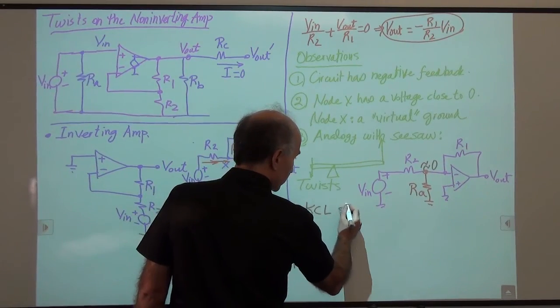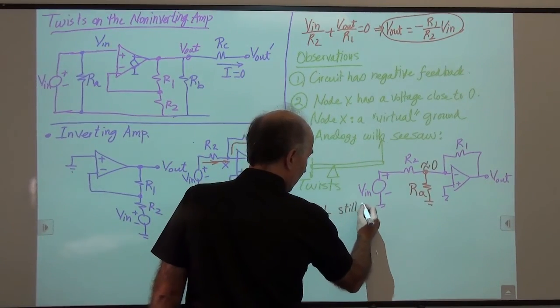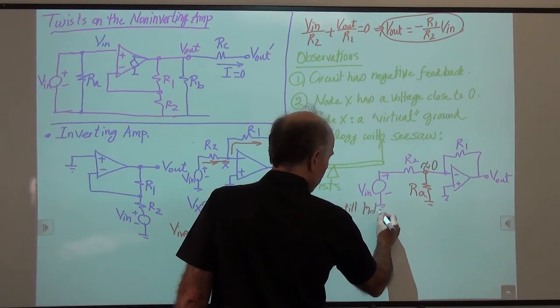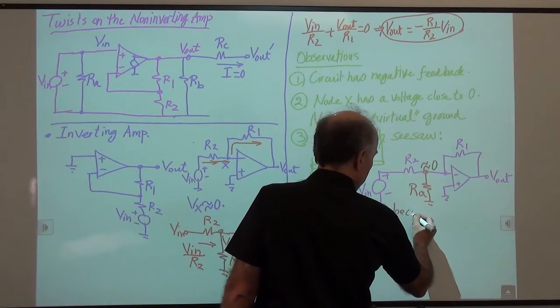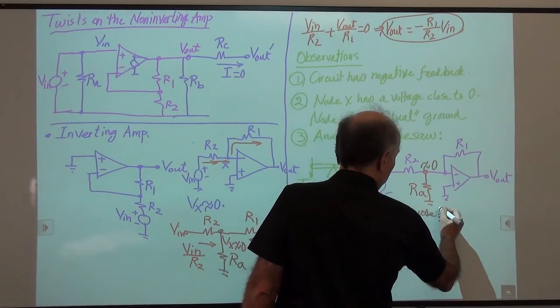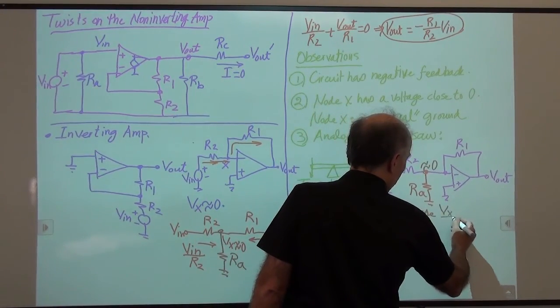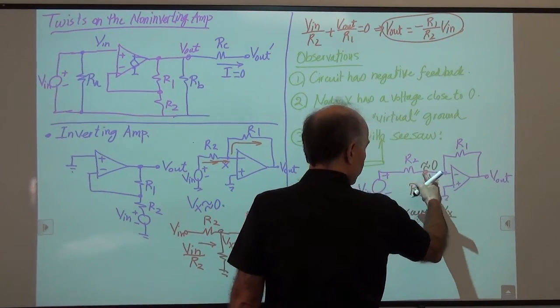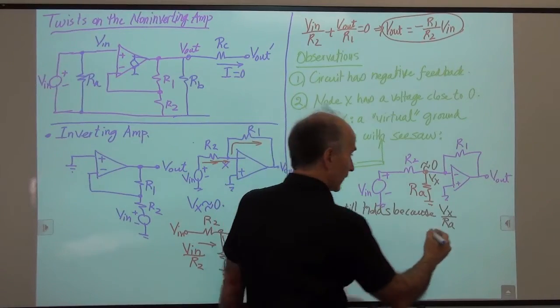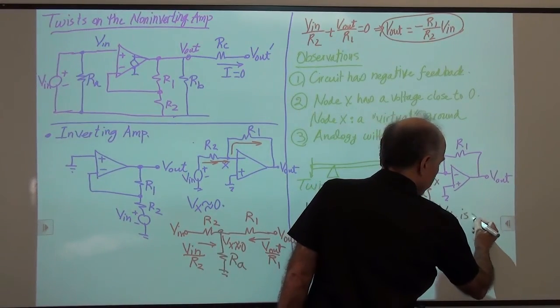All right, so KCL still holds because Vx over RA, this voltage divided by this resistance, so the current through RA is small.